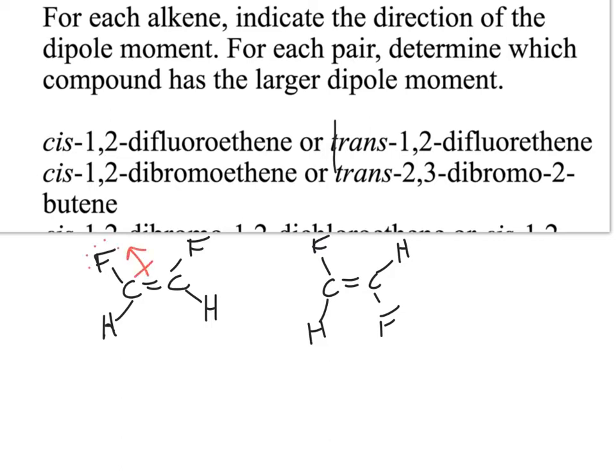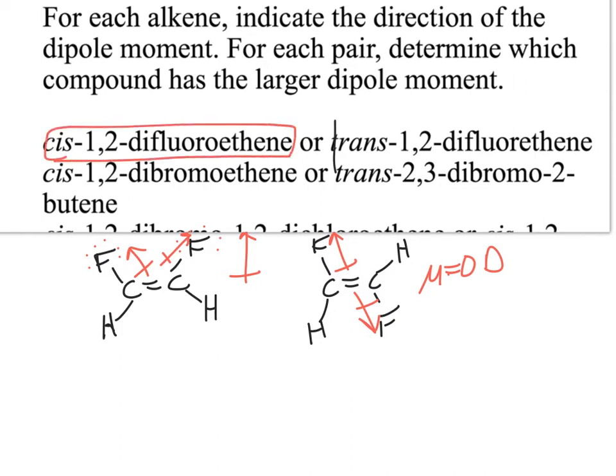So fluorine has its lone pairs, and it's going to pull the electron density towards itself. And so the overall dipole for the cis will be in the upper direction. Here, because of the symmetry, they're going to pull equal and opposite in magnitude, so your dipole is going to be 0 D. So this cis has the larger dipole.